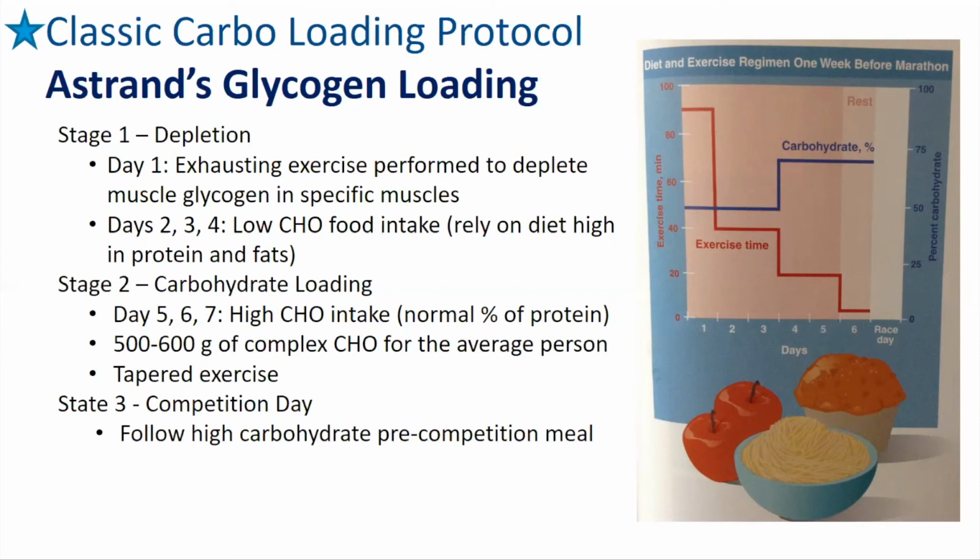So there is a tapering effect, which may lead to a detraining effect in carbo loading. Then stage 3 is competition day, and you'd start that day with a high carbohydrate pre-competition meal right before you compete.